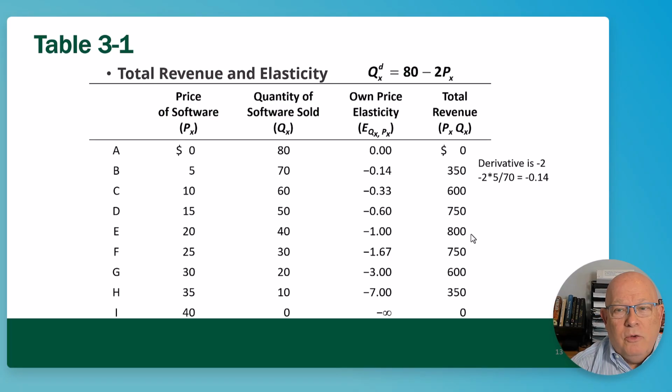Okay, that's because the quantity is not declining all that much relative to the increase in price. So we're actually increasing or maximizing our total revenue up to this point E, where we have unitary elasticity.